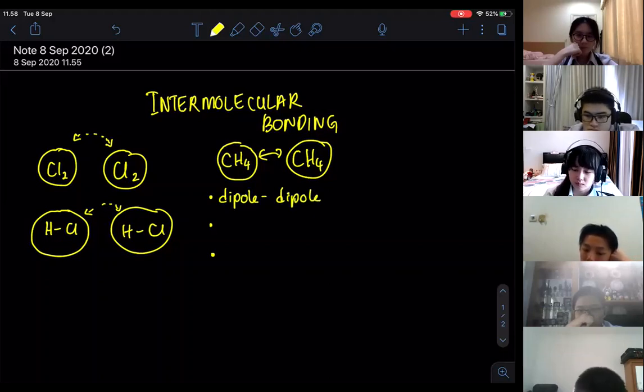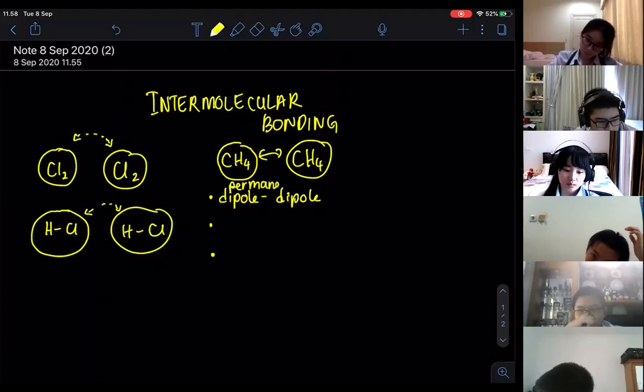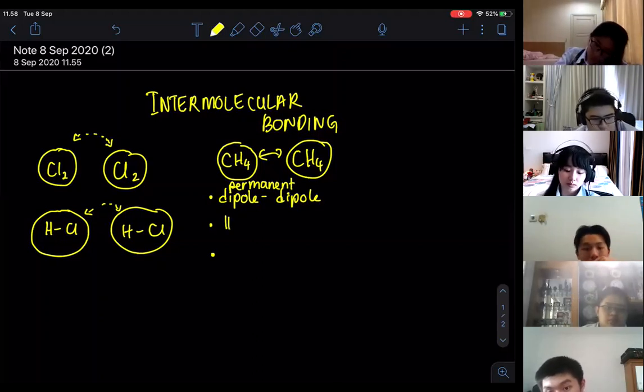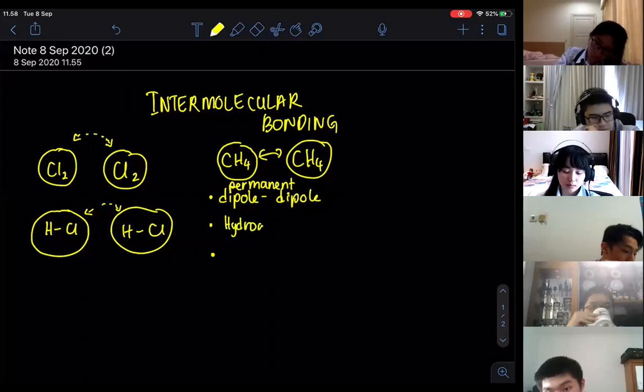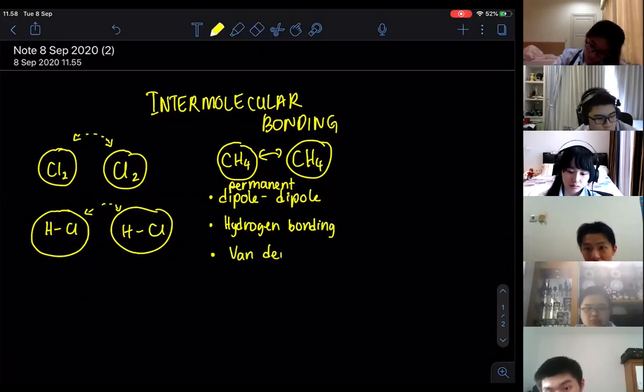It's not the full term; in your textbook, they have written it as permanent dipole-dipole bonding. And we also have hydrogen bonding, and the last one, van der Waals bonding.